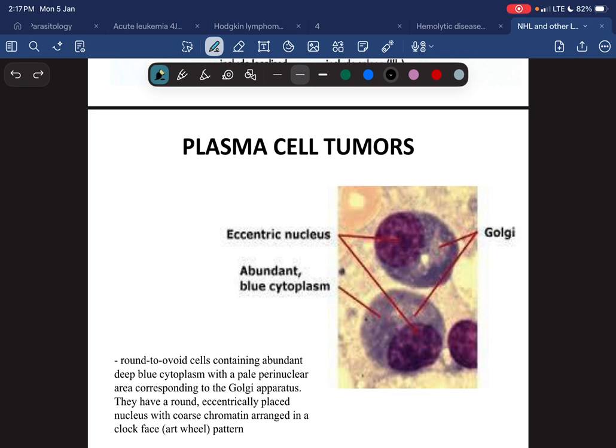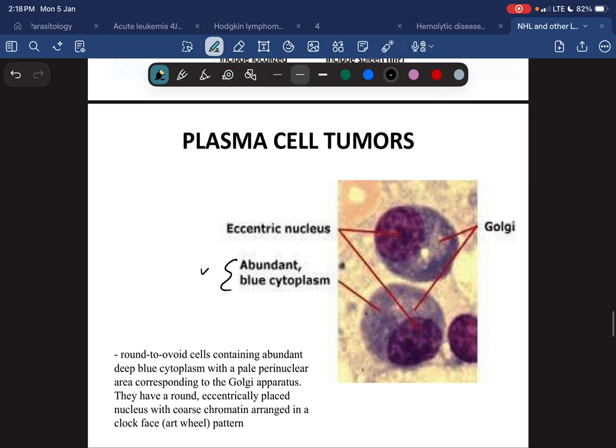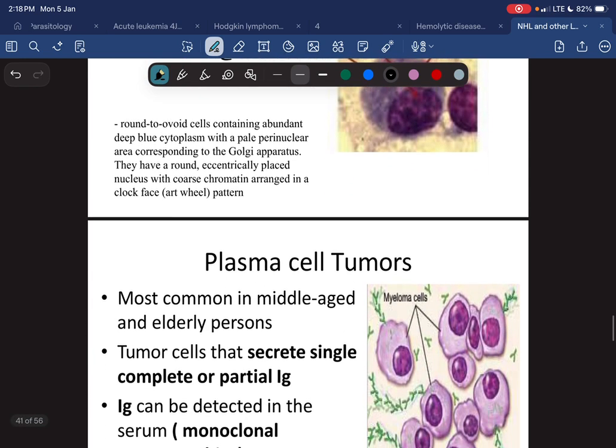Perinuclear hof or pale area representing the Golgi apparatus, containing abundant blue cytoplasm, vacuolated, reflecting the presence of what? Immunoglobulin vesicles.